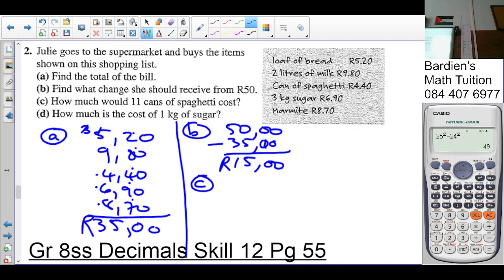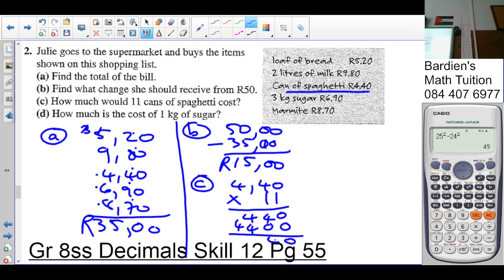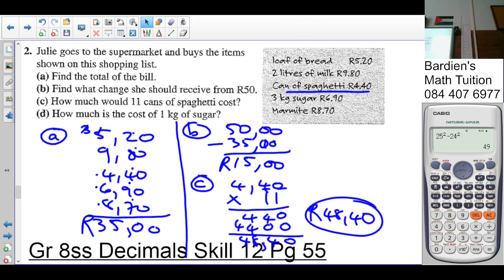If one can of spaghetti costs 4,40, we times this by 11. So that's going to give you 0,44 and 0,440, so that's 484. There are 2 digits after the comma, so the comma belongs there. It will be 48 rand and 40 cents for 11 cans of spaghetti.